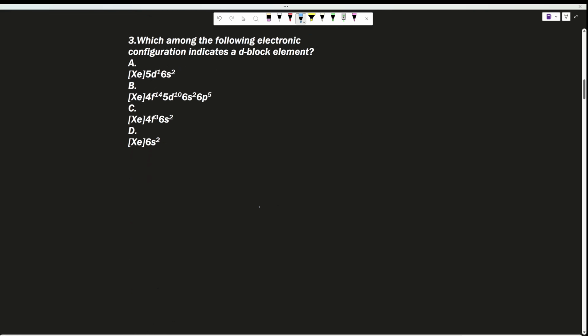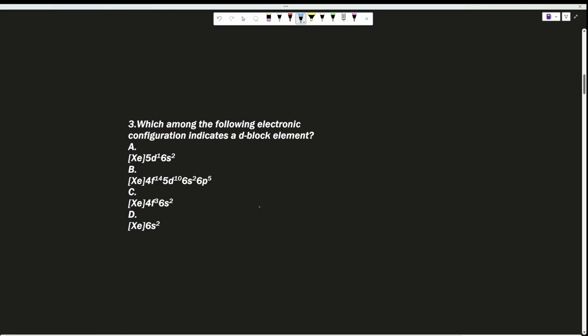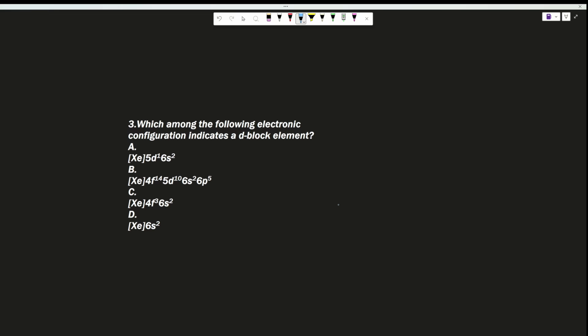Next, which among the following electronic configurations indicates a D block element? Okay, that means already we discussed the general electronic configuration. So based on that, you have to tell which is the D block element here. If you look at the first option, you have xenon, that is the inert gas, then 5d1 6s2.